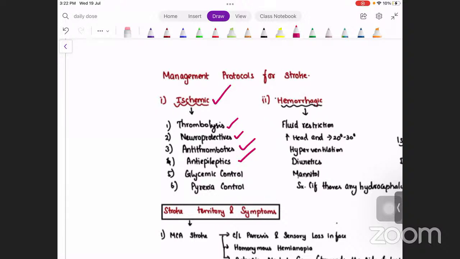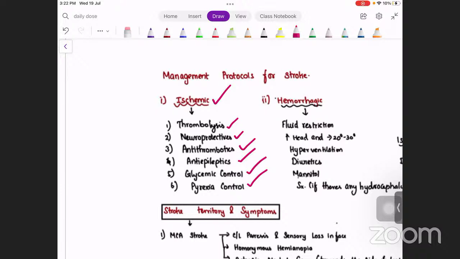Then, apart from that, monitor the patient's temperature and glucose. What we do technically is prophylactically add the pyrexia control, an antipyretic. Along with that, you have to manage strict glycemic control.